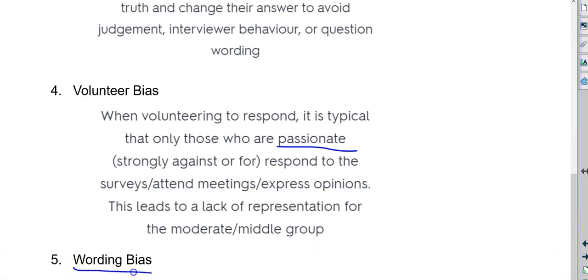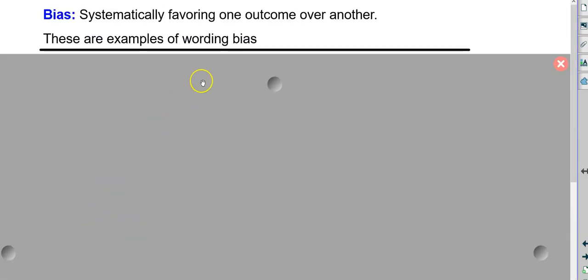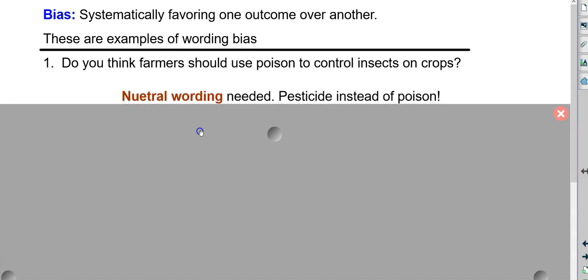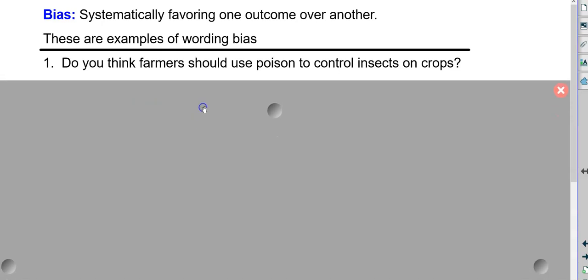And the last one is wording bias. I'm going to go over a few examples of wording bias here on the next page. Do you think that farmers should use poison to control insects on crops? And this is just harshly said here. I know that sounds funny, but the wording that you ask a question with is very important. Just the fact that you use the word poison, you think, oh, why would I use poison?